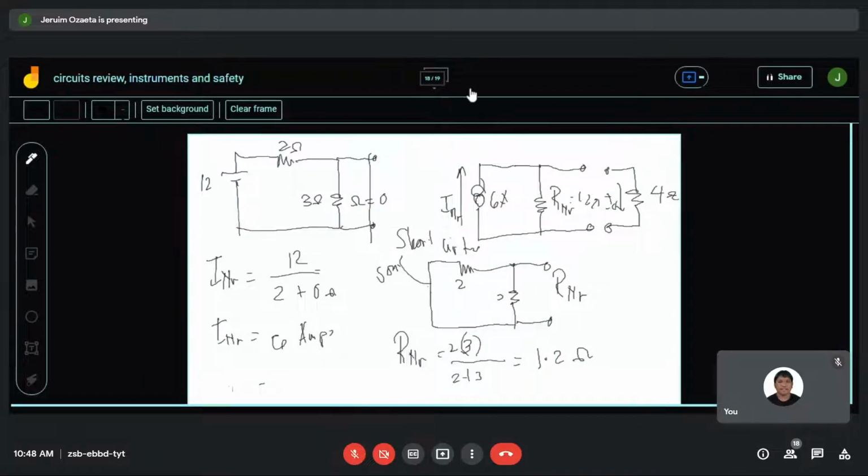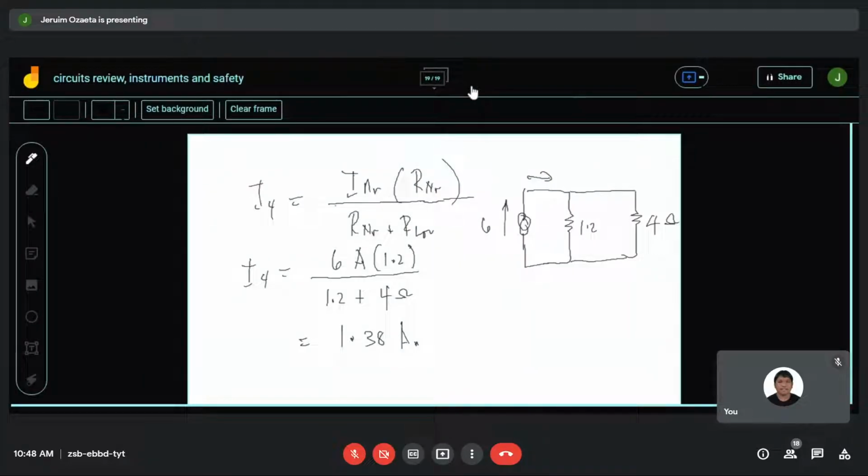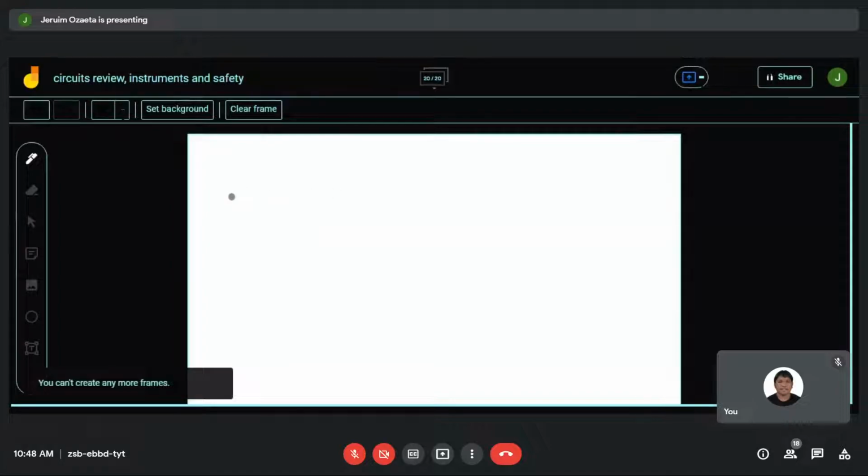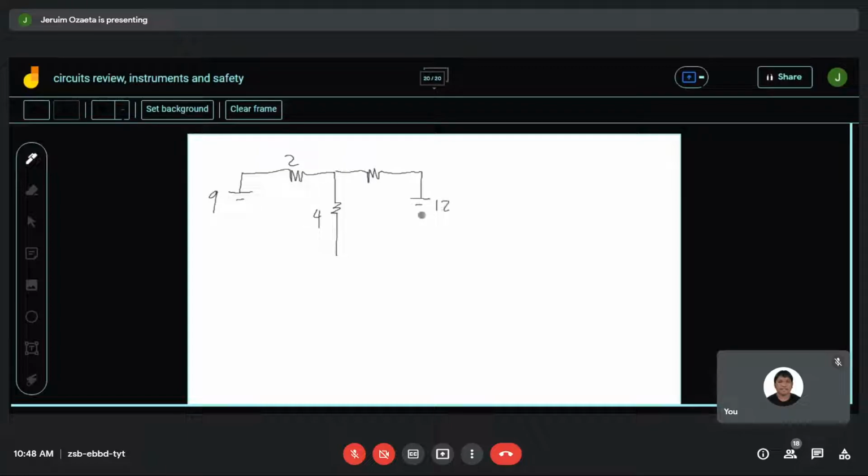Now, what about if this given circuit is this one? This is 9 volts, for example, 2 ohms, 4 ohms. Give this 12 volts.